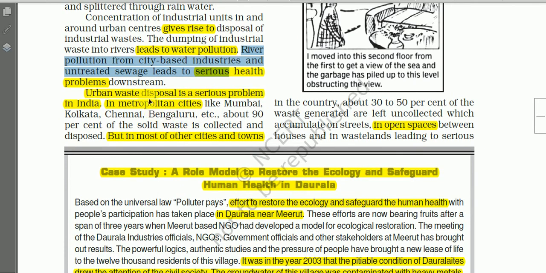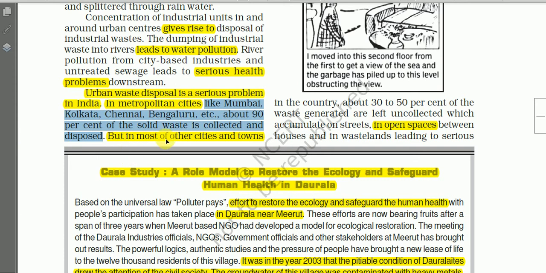Urban waste disposal is a serious problem in India. The condition is somewhat okay in the big cities. In the metropolitan cities like Mumbai, Kolkata, Chennai, Bengaluru, about 90% of the solid waste is collected and disposed of in the appropriate place.